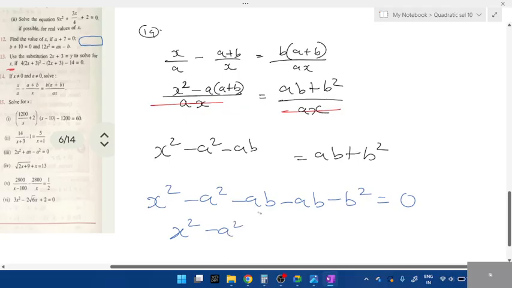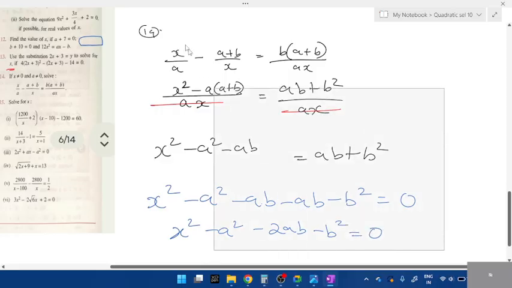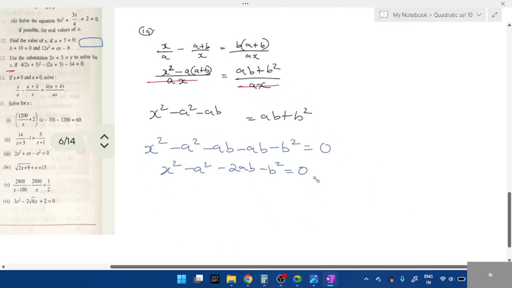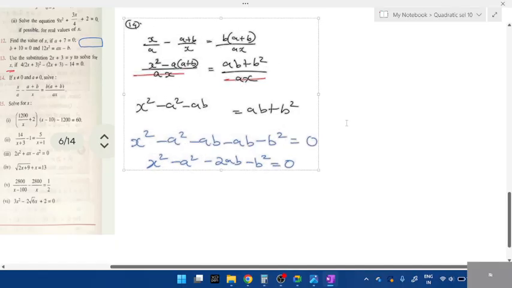Yes. Square. What is this? Minus into minus. Minus 2AB and minus is equal to 0. Okay, completed till here. After this, I'll teach you. This is slightly a different concept. I'll teach you after this.